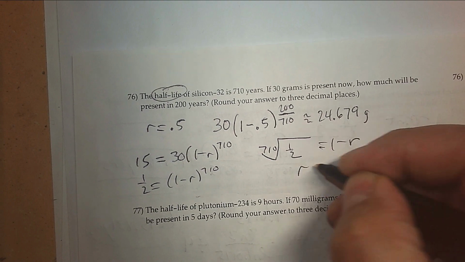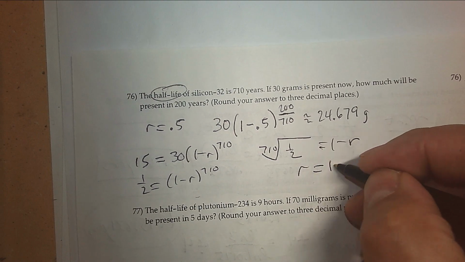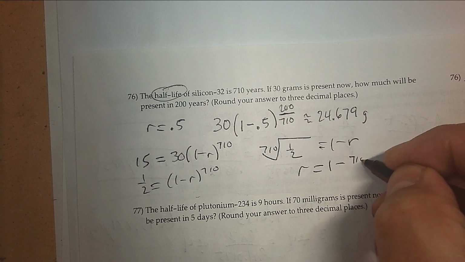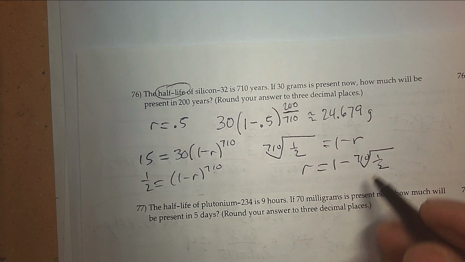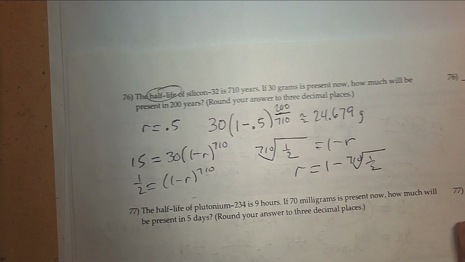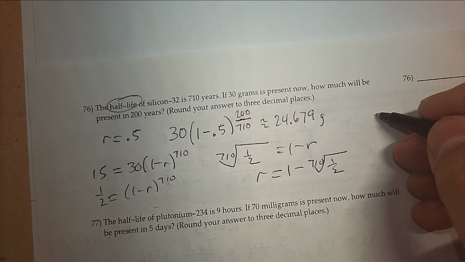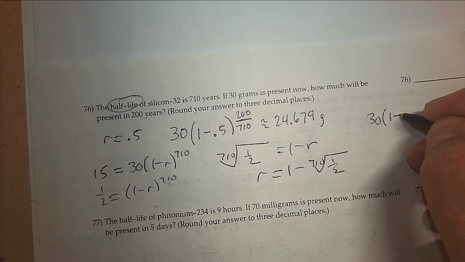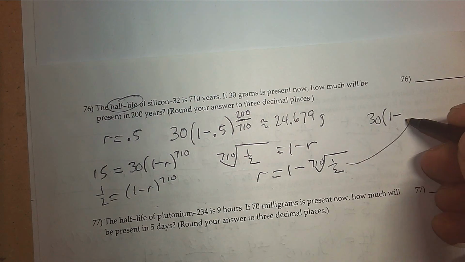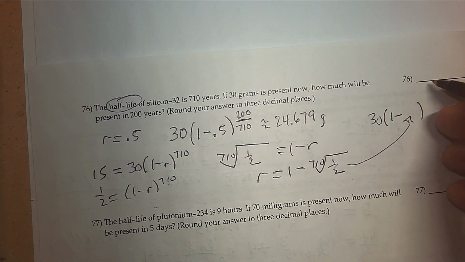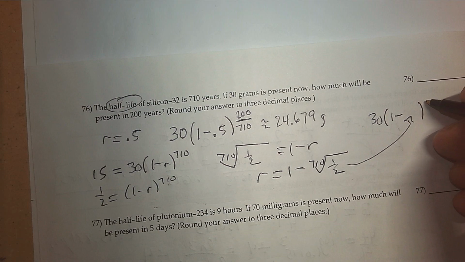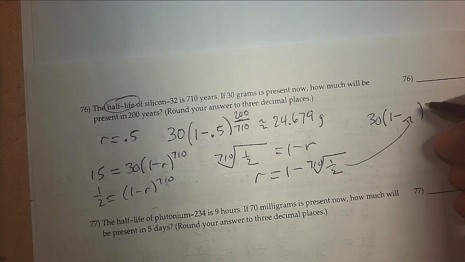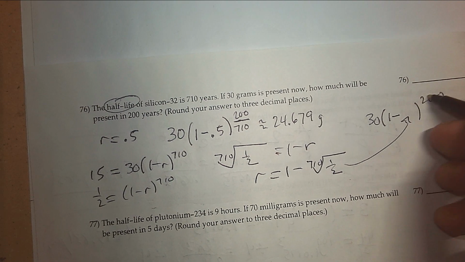And then you'd add R and subtract that ugly root. And then once you had that answer, you would plug that answer back in here. So whatever that answer is would go in there. And then the exponent would just be 200. And that would give you the same answer.